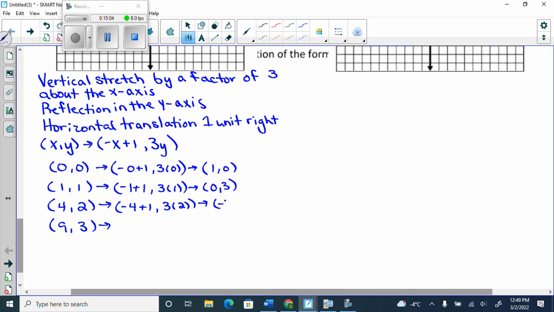So it's negative 3 and 6. And then negative 9 plus 1, comma 3 times 3 is negative 8 and 9. So the standard window will fit those, right? Your standard window will fit it. So you can just do x scale of 1, y scale of 1.